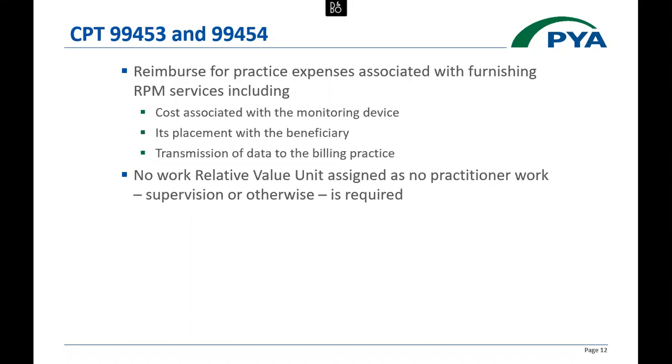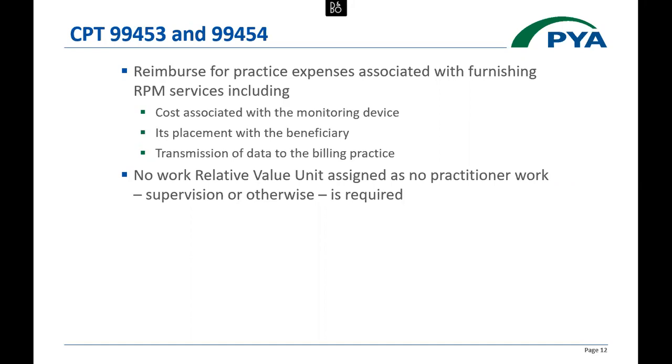So the reimbursement is intended for 99453 and 99454 to reimburse for practice expenses associated with furnishing those services, and those include the costs associated with the device itself, its placement with the beneficiary, so that would be the time associated with bringing the patient in, training the patient on how to use the device, or even if it's remote, it doesn't have to be face-to-face, but training the patient on the use of the device, and then the transmission of the data that's gathered by the device and transmitted to the provider.